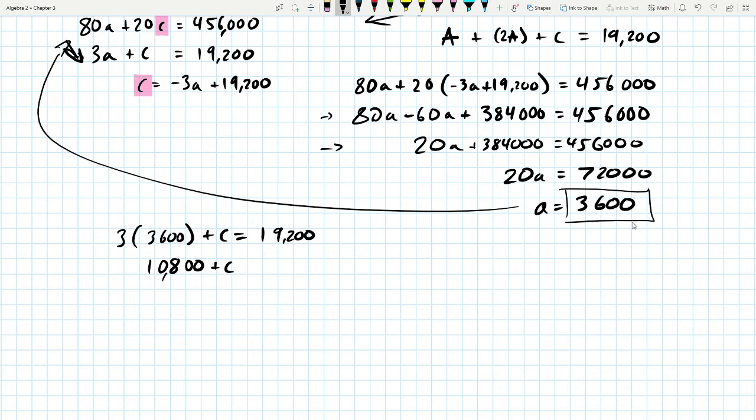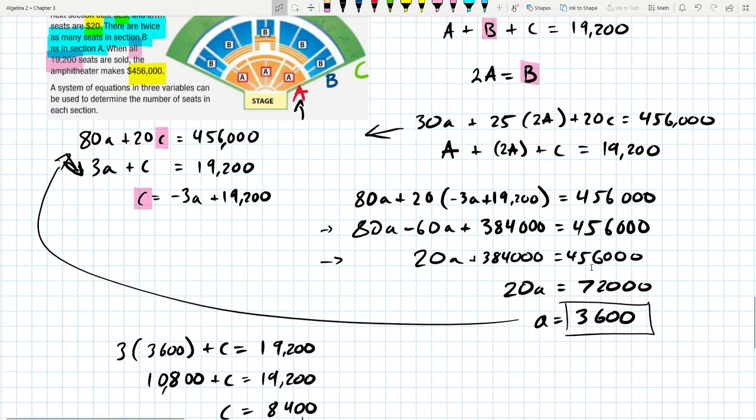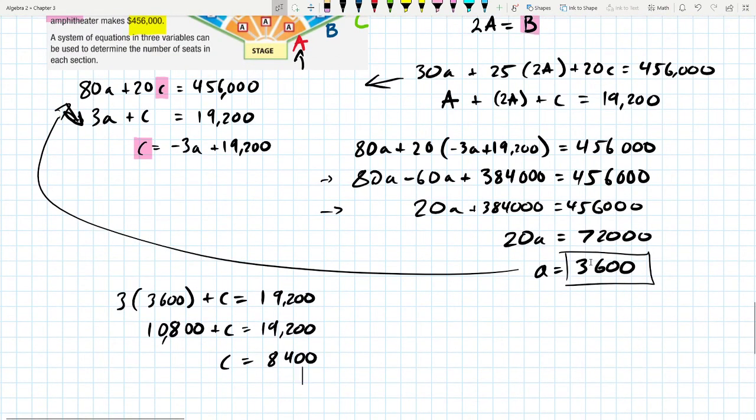Put my comma in the wrong spot when I was reading it. Equals 19,200. And we get C equals 8,400 seats.